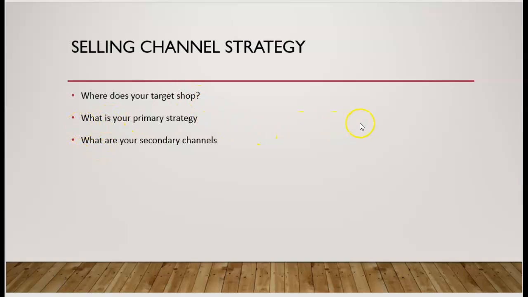So you're going to have a primary strategy, which is your first choice, the one where you think you're most likely to reach your target market most quickly. And then you're going to think about what your secondary channels would be. And there's lots of them. So let's just say you're going to sell through a retail distribution of your product. You might also want to find options to sell online and other types of things, because you're going to find out that's where your target market is willing to shop on an increasing level.